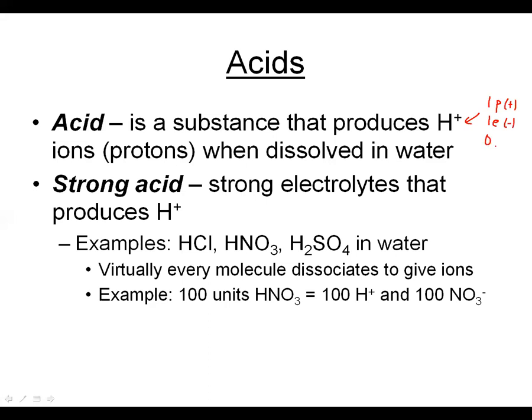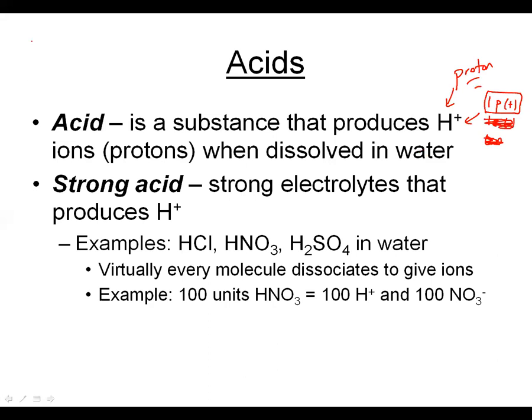So in order to become positive, it had to lose an electron. Since it doesn't have a neutron, it is left with just a proton. So sometimes H plus in acid-base chemistry is called a proton.